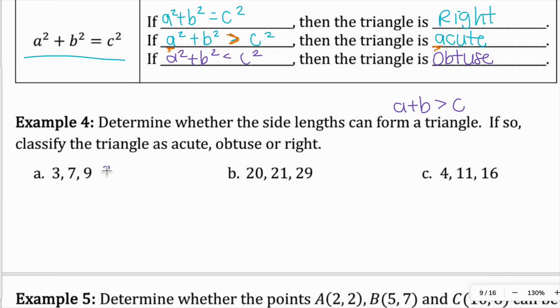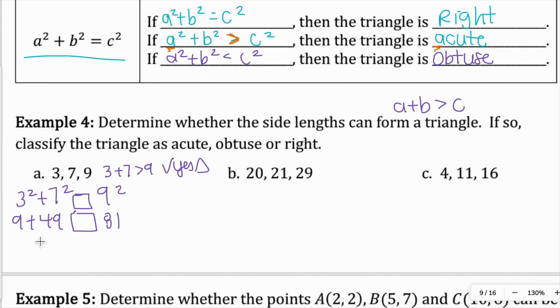So first I test this out. Is 3 plus 7 greater than 9? Yes. So since it's yes, a triangle, now I can determine if it's acute, obtuse, or right. So I'm going to say 3 squared plus 7 squared is what to 9 squared? So that'd be 9 plus 49 is what comparison to 81? 9 plus 49 is 58.